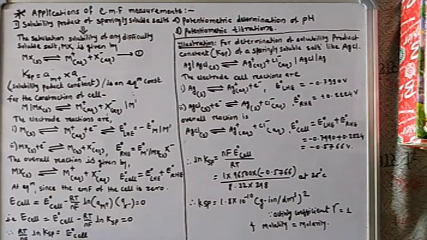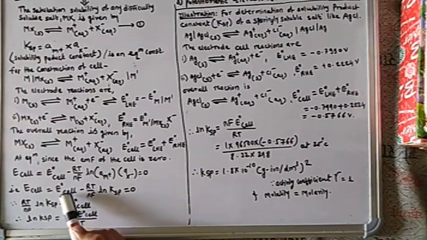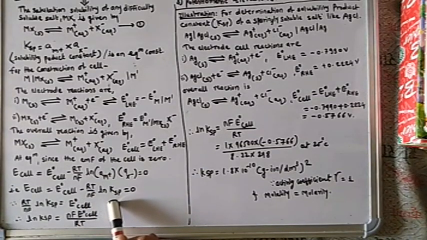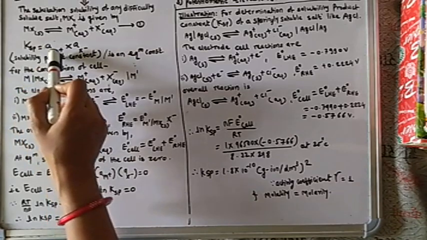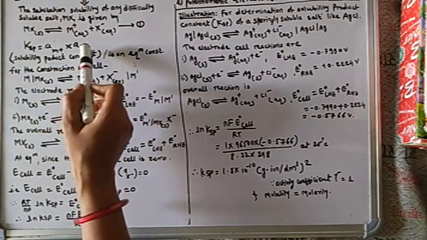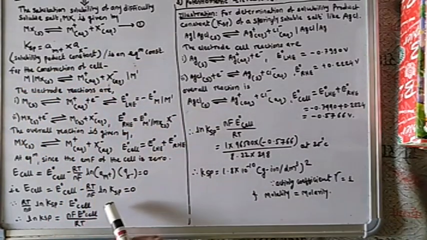So E cell equals E standard of cell minus RT upon nF ln of Ksp. We know that Ksp is the solubility product constant, which equals a of M+ into a of X-, and ln of Ksp equals 0.